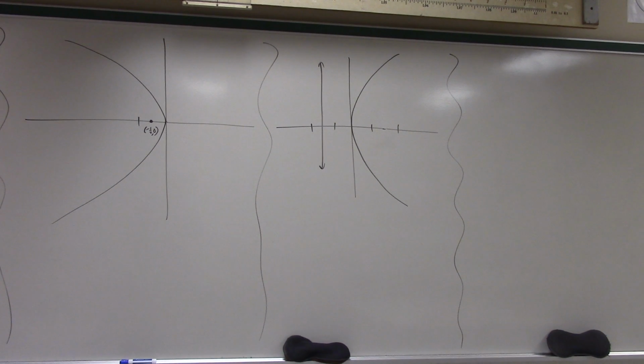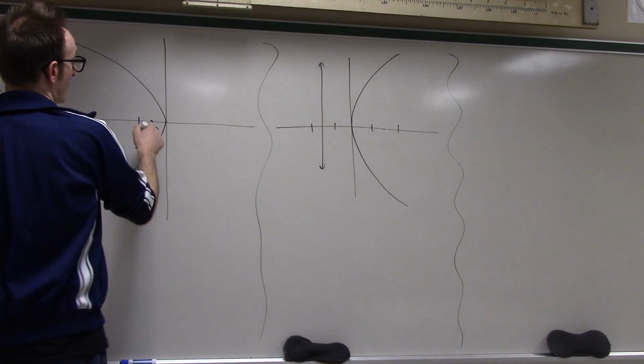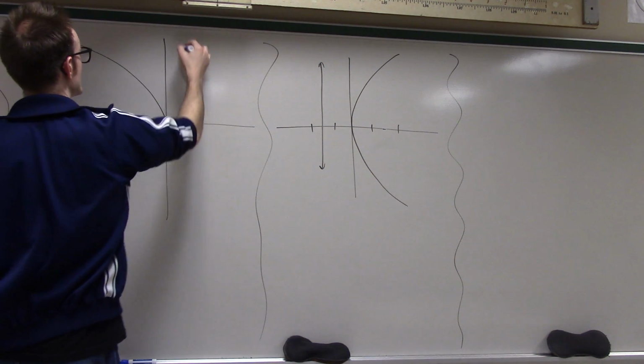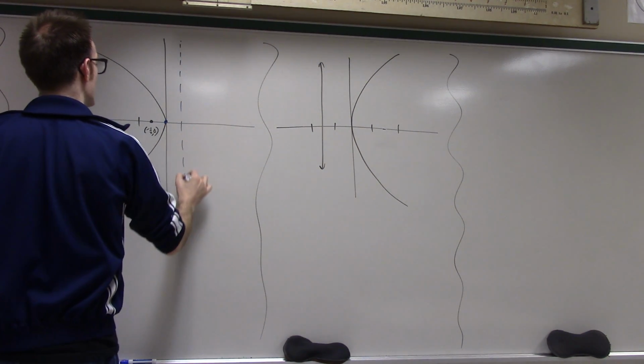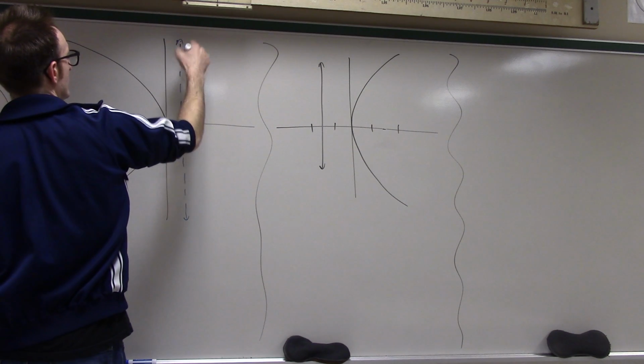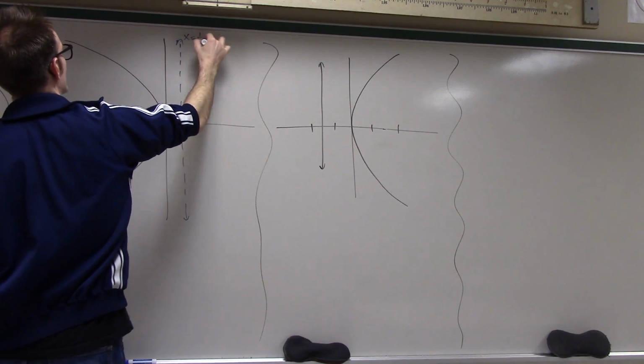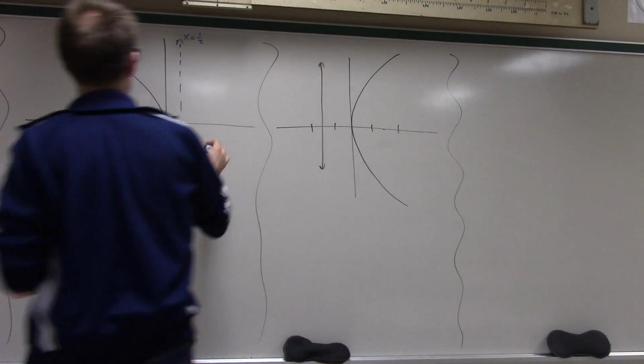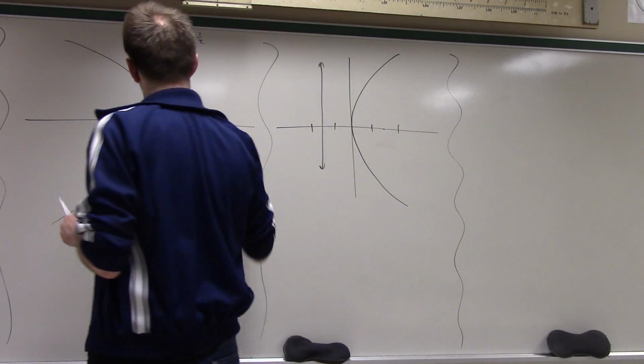What does it look like? Well, now there's a parabola which is opening left, and the focus is here at negative 1/2, 0. Well, if the vertex is the origin and the focus is at negative 1/2, 0, then the directrix must be at x equals 1/2. And it also means that Q is 1/2.